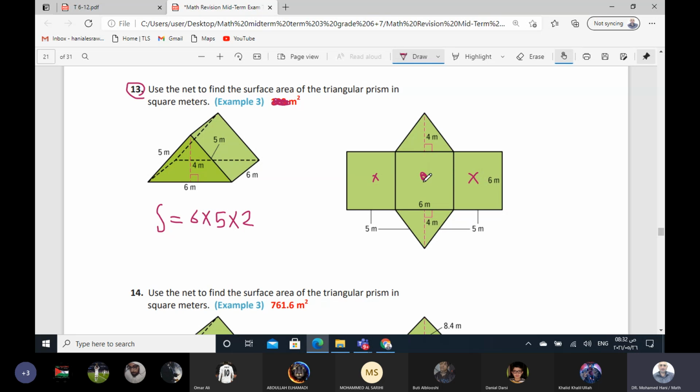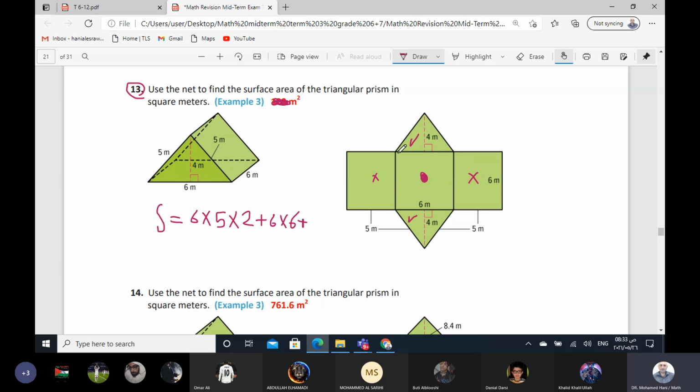Then we have here in the middle the bottom or the base of the triangular prism, the area here, length times width, 6 times 6, 36. Then as you see here, up and down, we have two congruent triangles.